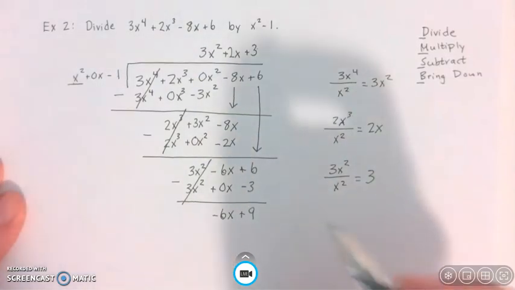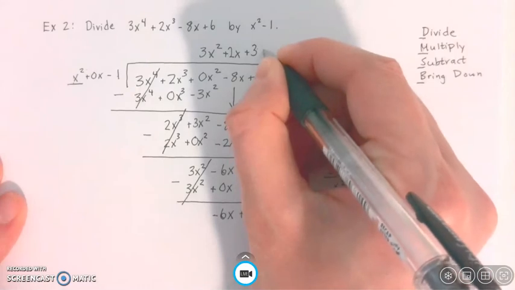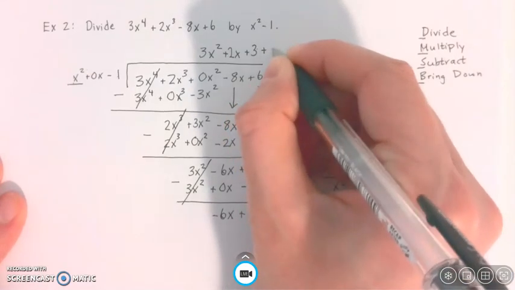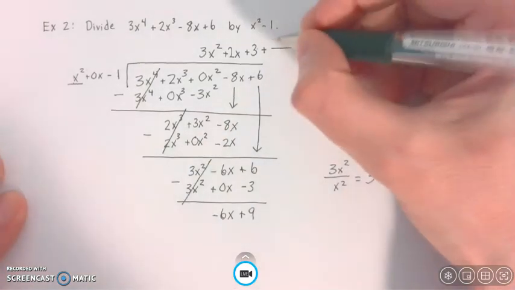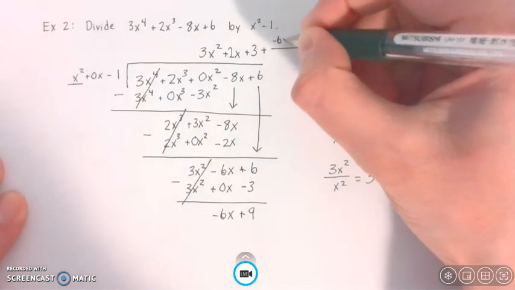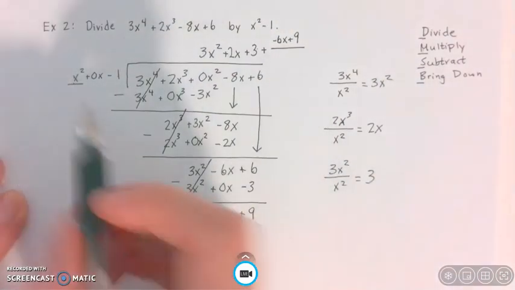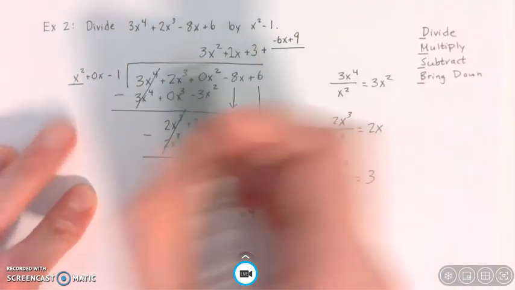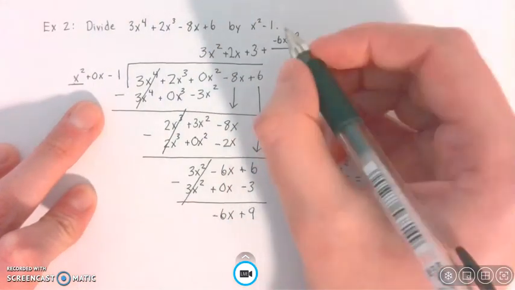So what we're going to do, and there's a couple of different ways you can do this, but we're going to do plus, and then I'm going to write the remainder as the numerator of my fraction, and that is going to go over the original divisor. So here I have a 0x, but that really simplifies to x squared minus 1.